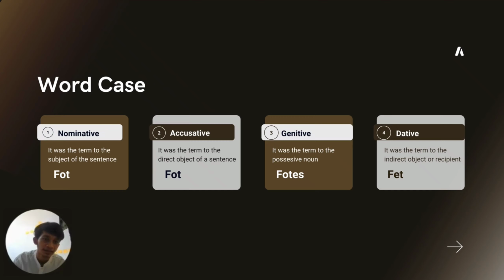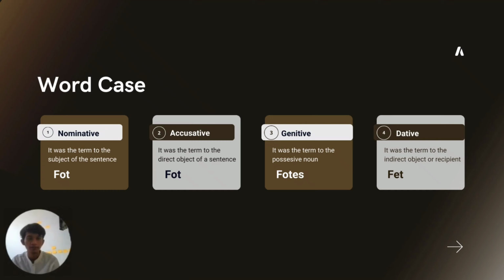When it is the subject or the object, foot doesn't change. But when it becomes genitive, or possessive noun, it is fotes, and as an indirect object it is fet. I mean, it changes.